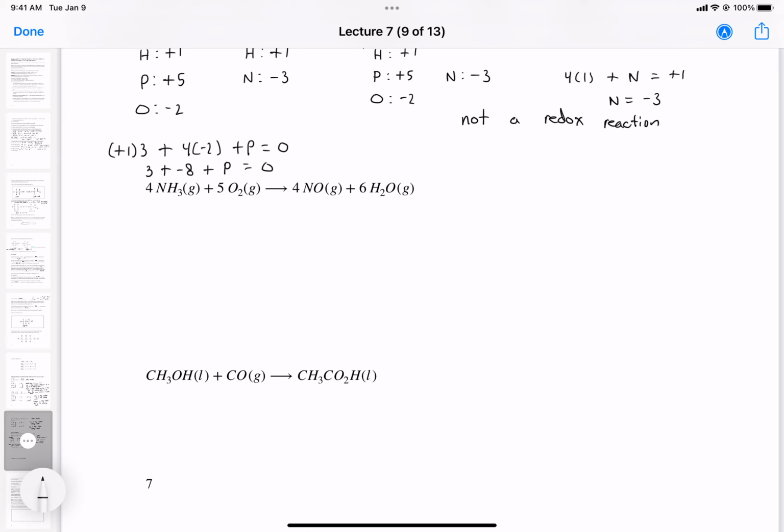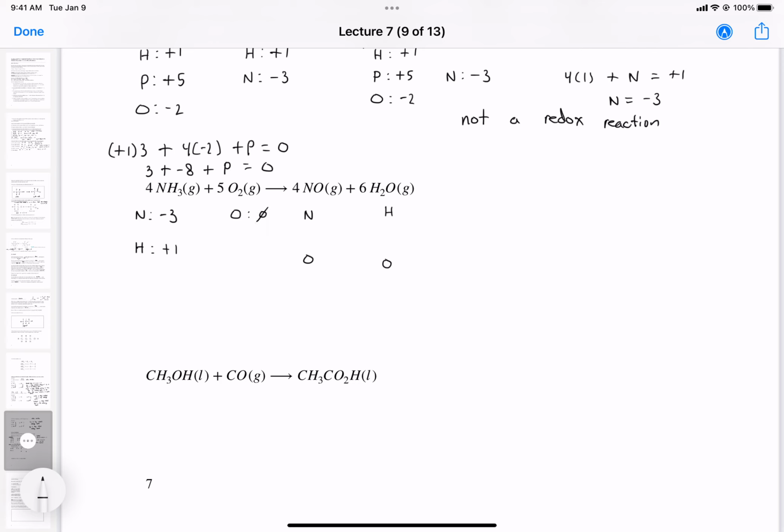We're going to have N and H on the ammonia side, oxygen here, and then on this side we have N, O, and then H and O for water. On the left side, nitrogen, as we calculated in the previous example, is going to be -3. Hydrogen is going to be +1. And then oxygen here is not going to be -2. It's oxygen in its elemental form, so it's going to be 0.